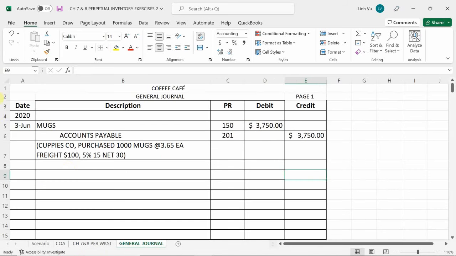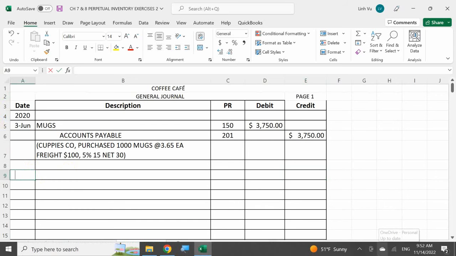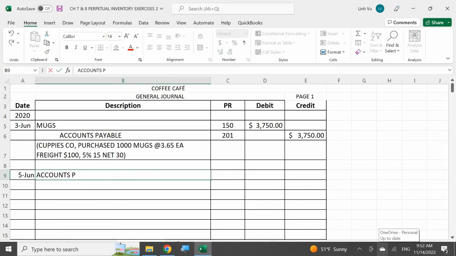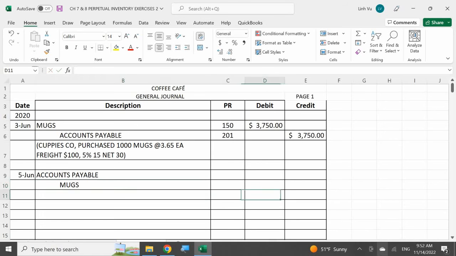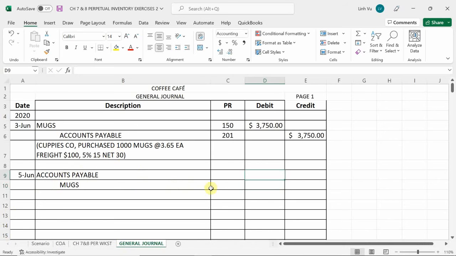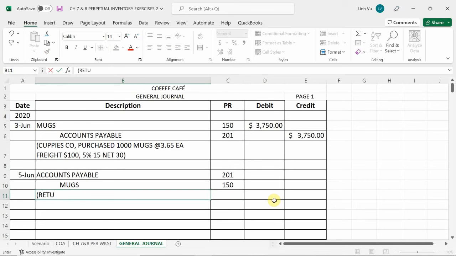Okay? So here, right, accounts payable and mugs. Now, how many mugs am I returning? Returning 50 broken mugs. Okay?